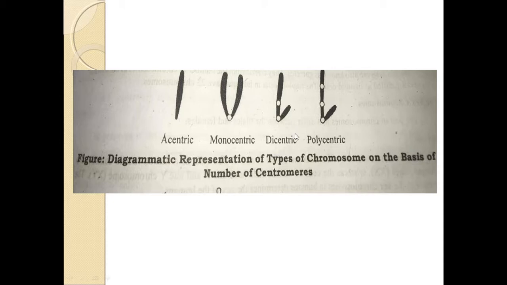Next we have polycentric chromosomes, chromosomes with more than two centromeres. We have here three. So chromosomes with more than two centromeres, we call it as polycentric chromosomes.